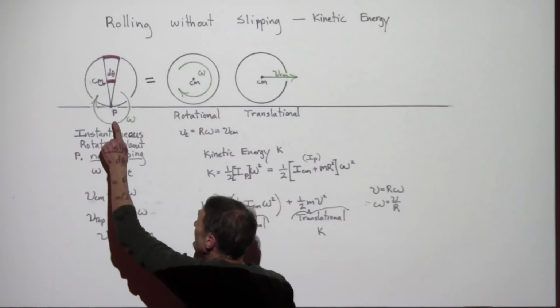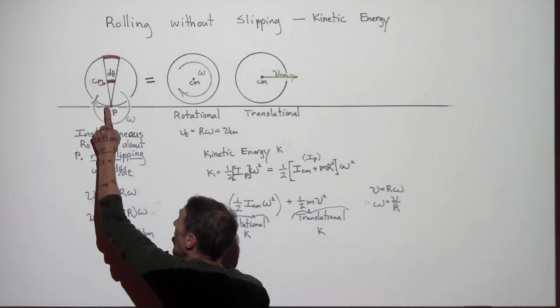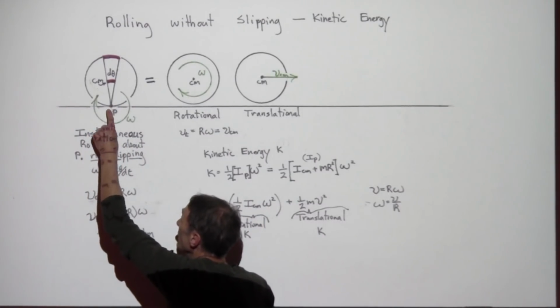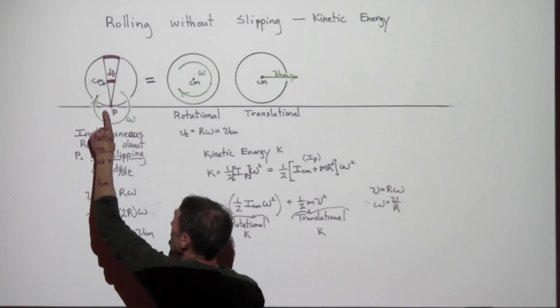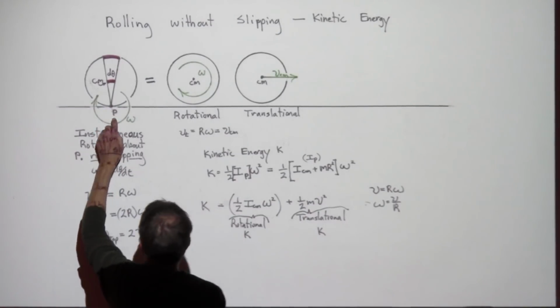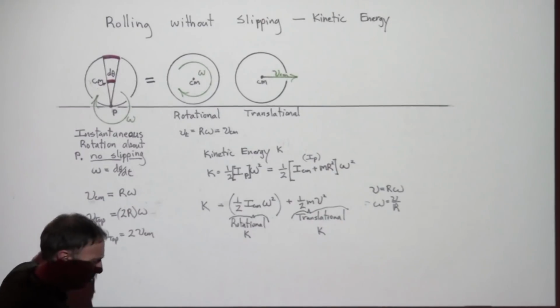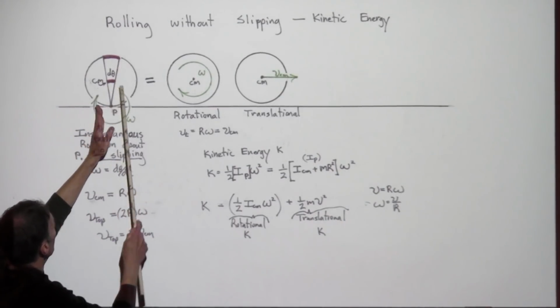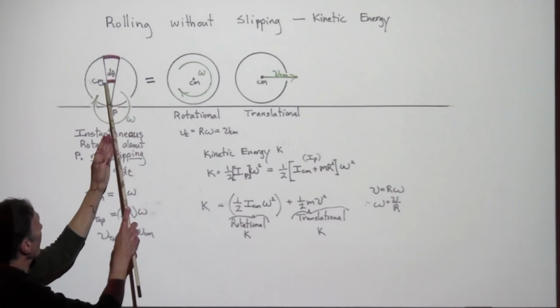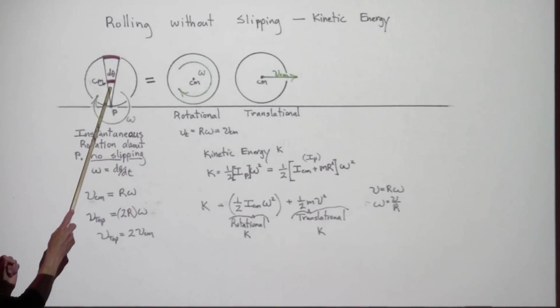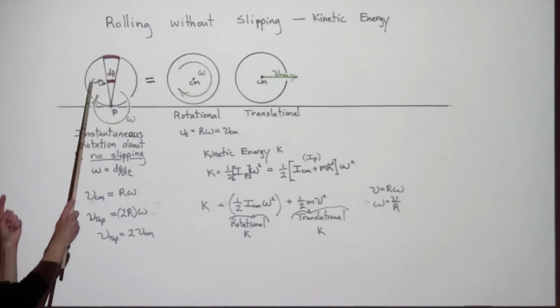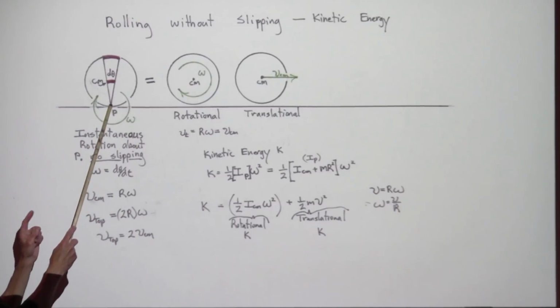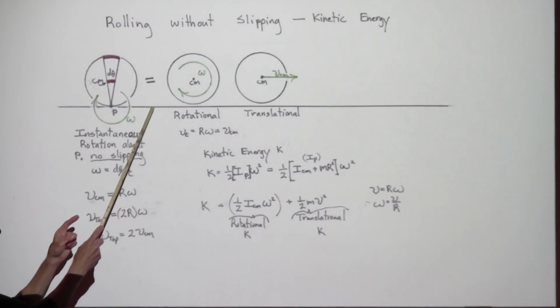So the idea that this disc is really rotating, if it's rolling, it's really rotating about this point of contact here. And imagine that as it rolls, it's going to move through a small angle. I do want this kind of differential in that obviously as this rolls along, point P would change to another point at another instant.